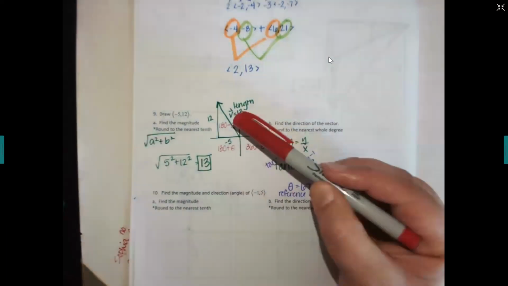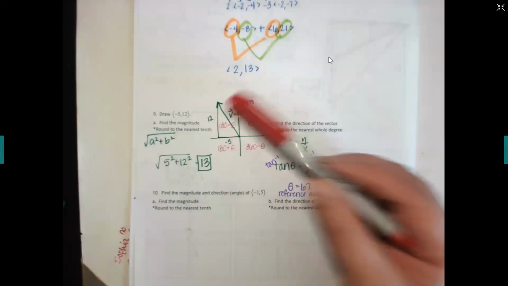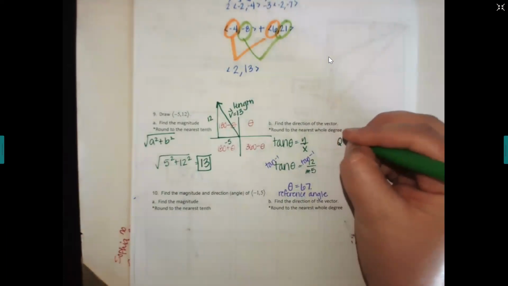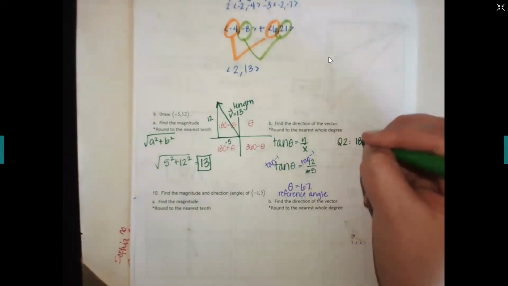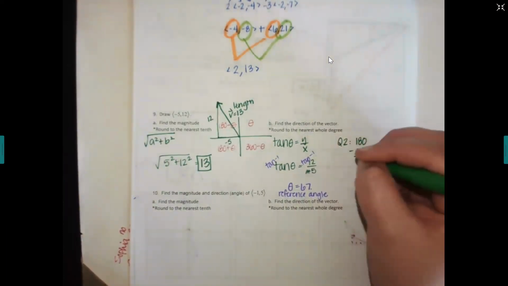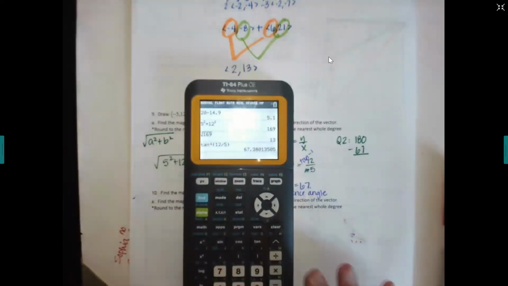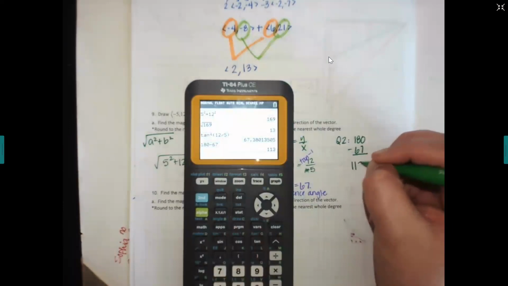So I can see that I was in quadrant 2. Well, then I'm going to do 180 minus 67. That's going to be my final. So for my direction, I see I'm in quadrant 2, which means I'm going to do 180 minus 67, and that'll be my answer. 180 minus 67 gives me 113.